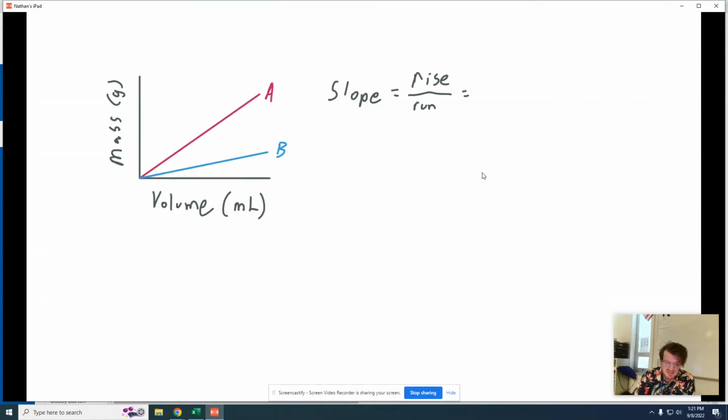And in this case, if we look at this graph, our rise is actually our mass, which has been measured in grams, and our run is our volume, which has been measured in milliliters.